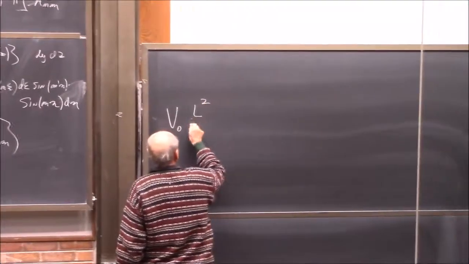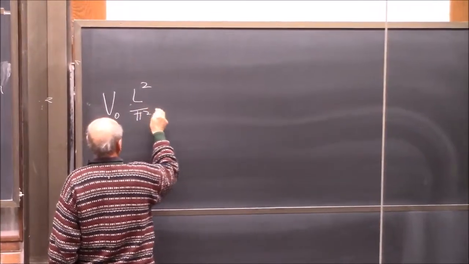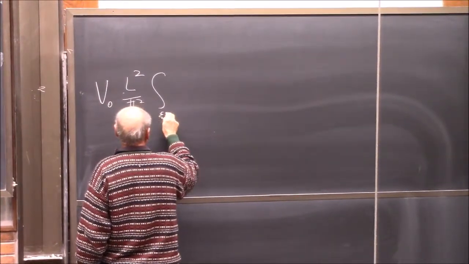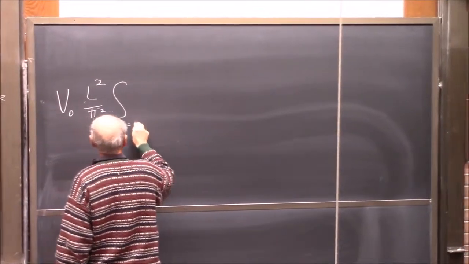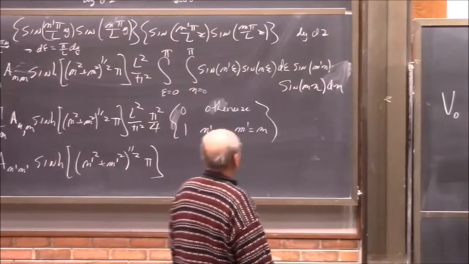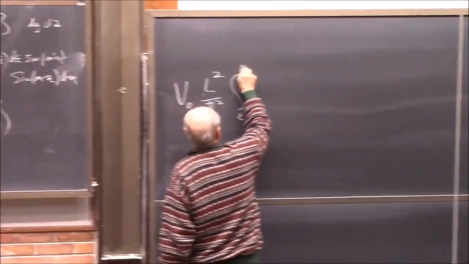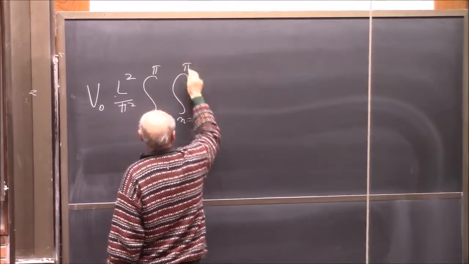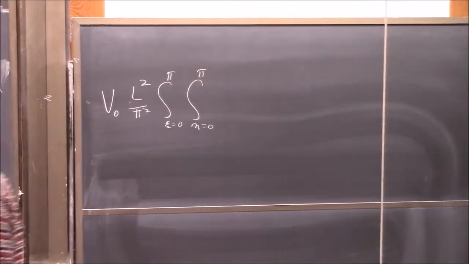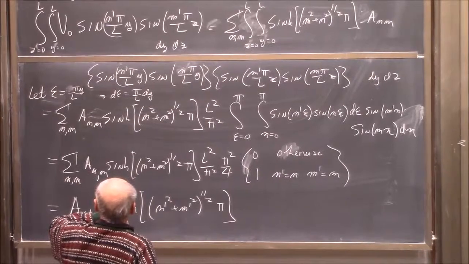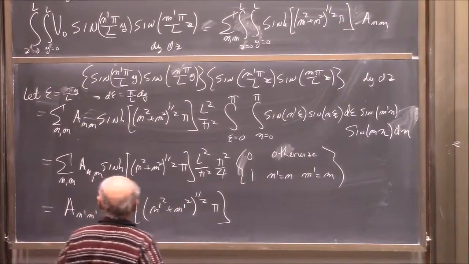So I get L squared over pi squared times the integral squiggle equals 0 to, it'll be just like it was before. So it'll go 0 to pi. Integral eta equals 0 to pi of that product of signs.